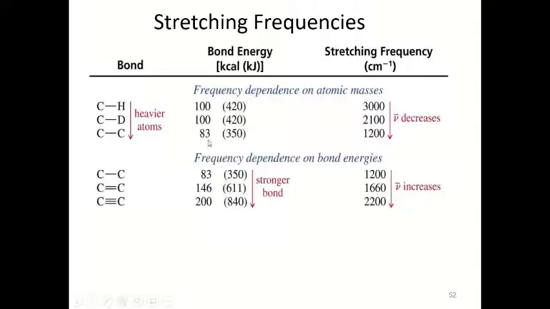And the frequency dependence is as follows: the frequency is going to be reduced since the atom mass is increasing, and as you can see, the bond energy is getting reduced since it is directly proportional to the frequency that is also getting reduced.